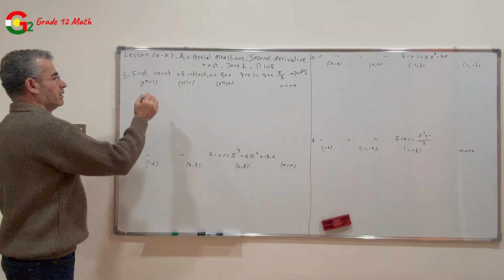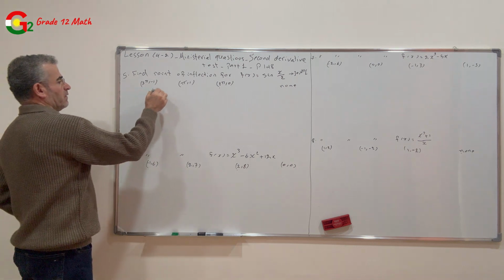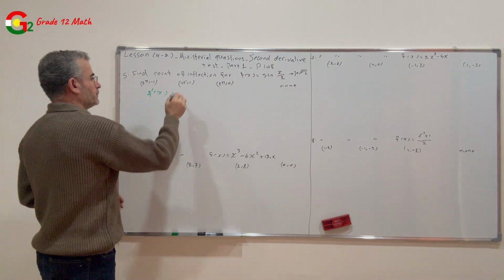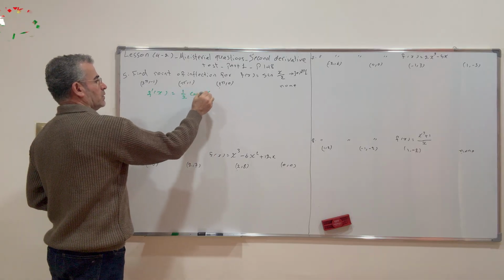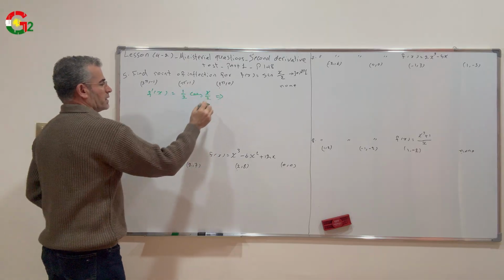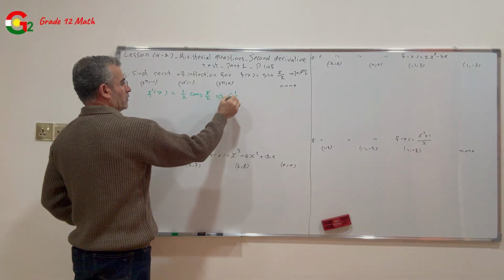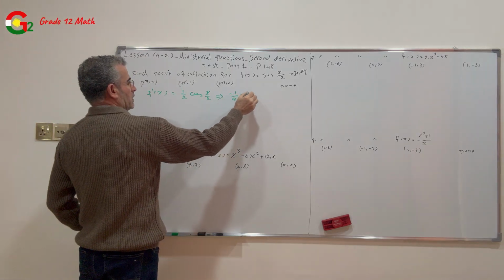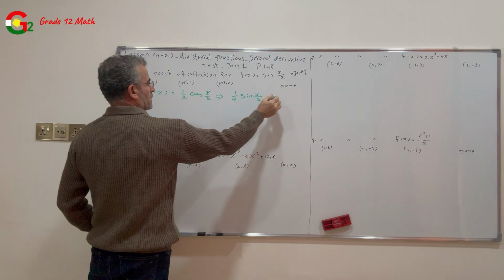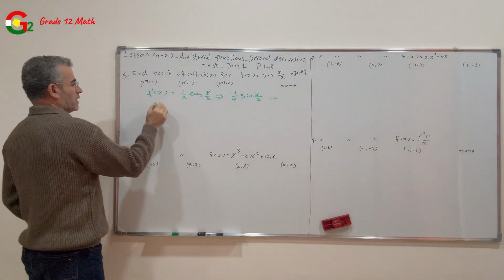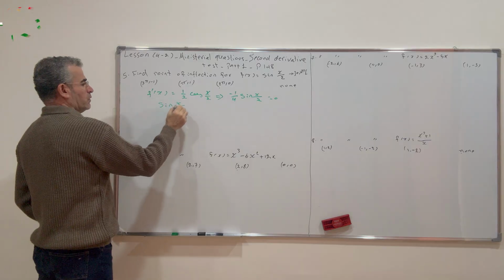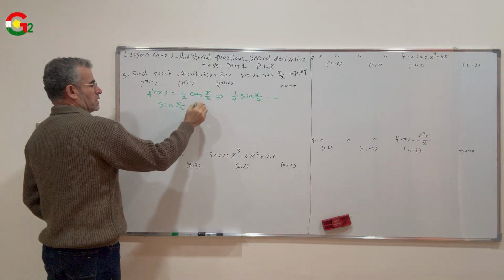The first derivative, f prime of x equal to 1 over 2 cosine of x over 2. Then the second derivative will be negative 1 over 4 sine of x over 2. Set it equal 0. Divide by negative 1 over 4. Then sine of x over 2 equal 0.